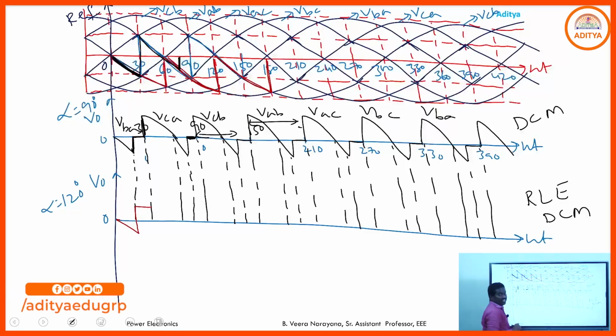So there you have the back EMF as the output voltage. After this positive, negative and again back EMF like this one.